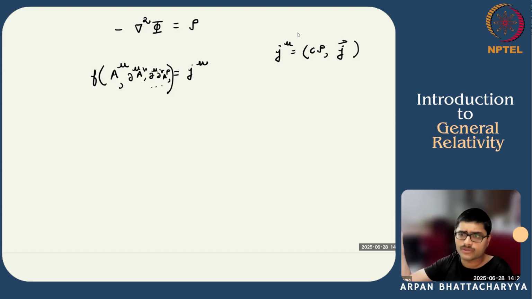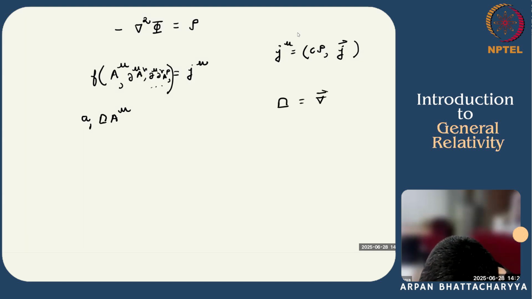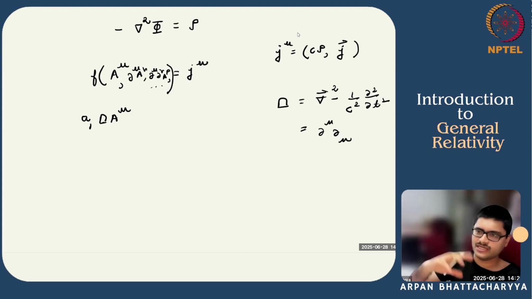So what are the possible terms we can write? We have box of A mu. Remember, box is the D'Alembert operator, which is del square minus 1 over c square del squared by delta t squared. In terms of index notation, it is a scalar. Remember, if it has to be a correct tensorial equation, both sides have to have the same number of free Lorentz indices.